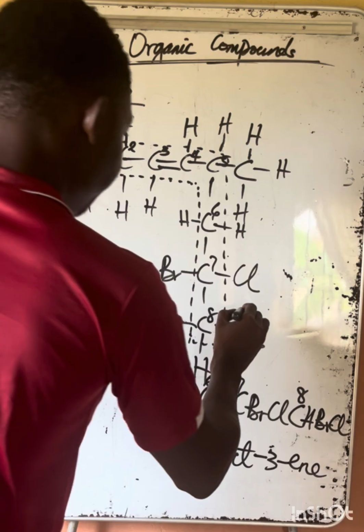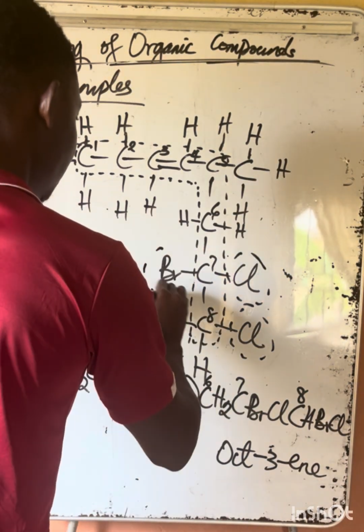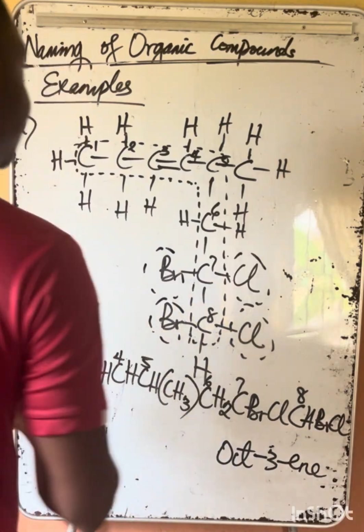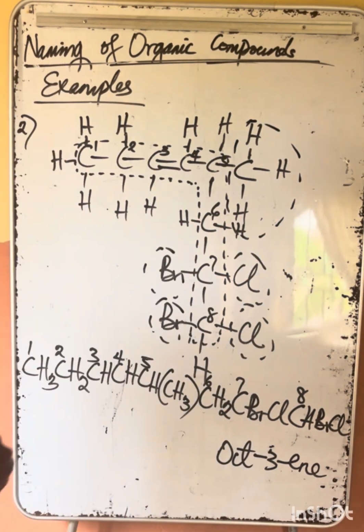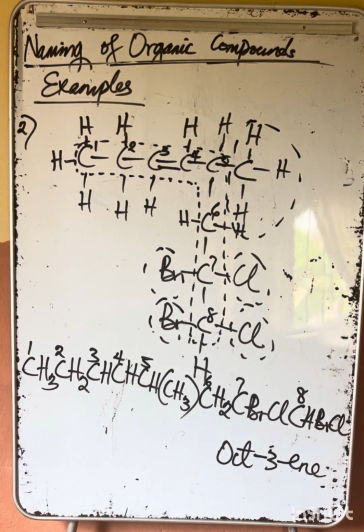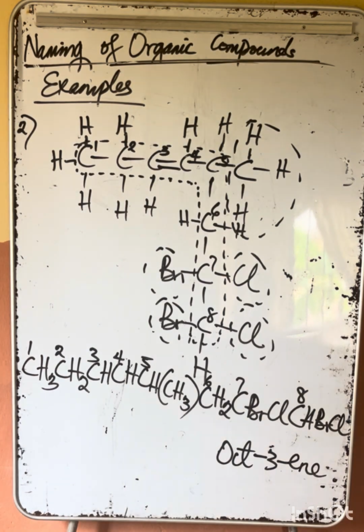This is one of them. This is 1. This is 2. This is 3. This is 4. And this is 5. There are 5 substituents. All of these things are circled with broken lines. They are all substituents, things that have taken the natural place of hydrogen.